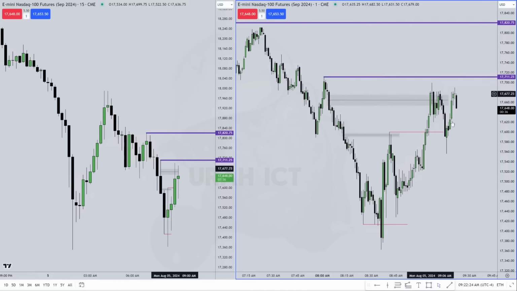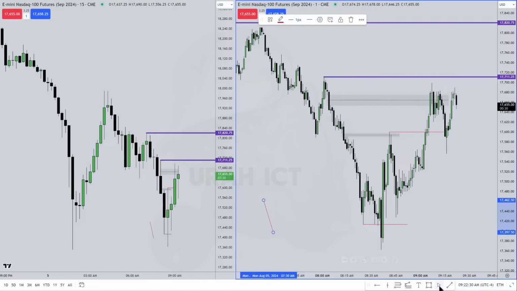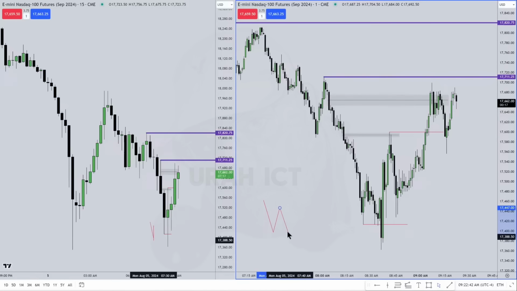It would be a low that has a slightly higher low.